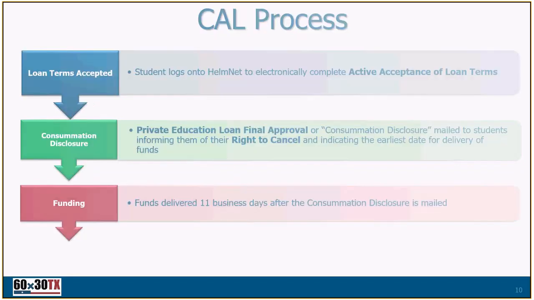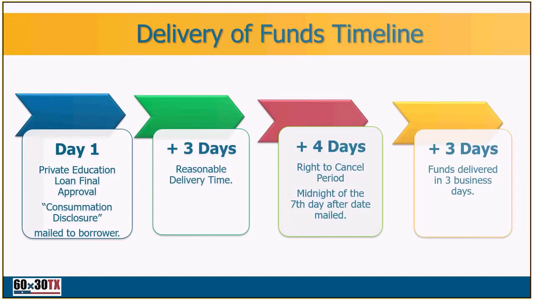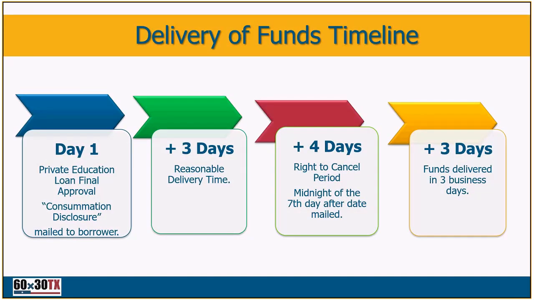So what does that look like timeline-wise? I thought this would be helpful to give you the 11-day breakdown. Once everything's good and we send that consummation disclosure through the mail to the borrower, it takes about 3 days that we allot for reasonable delivery time. Then there's the right to cancel period, which is 4 days, so it's approximately midnight of the 7th day after it's mailed out from day 1.